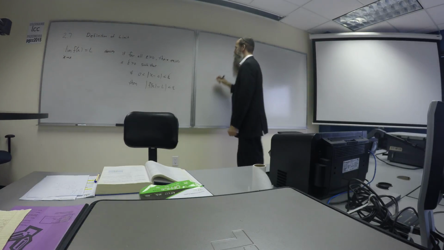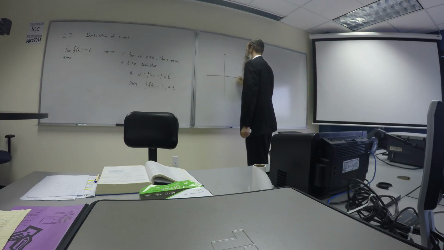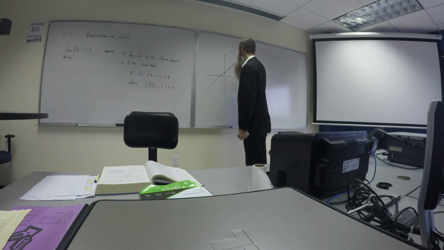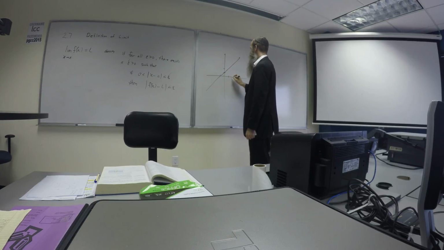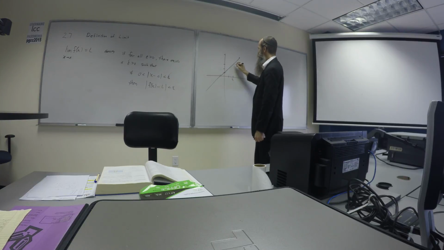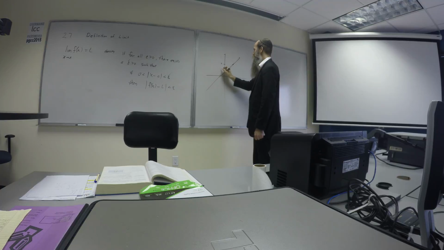Let's take a linear function, x plus 1. And we'll pick over here, I don't know, 2 or something. So what's the height? 3. Okay, I'll just leave it how it is.